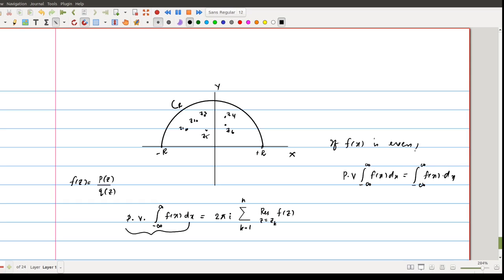Whenever f of x is even, the integral from minus infinity to infinity of f of x dx equals the principal value. So in that case, 2 pi i times the summation from k equals 1 to n of the residue of f of z at z equals z k will give the integral value. So this is the method to evaluate the principal value of an improper integral.